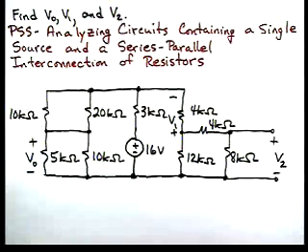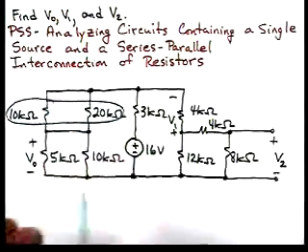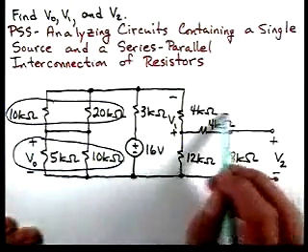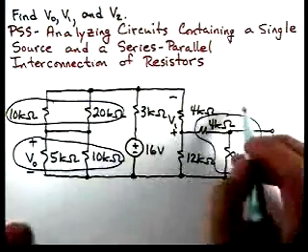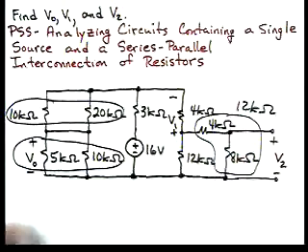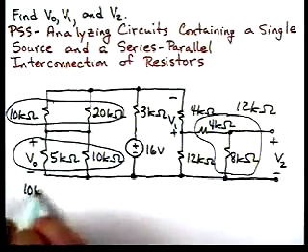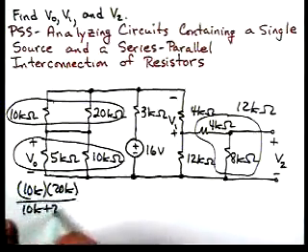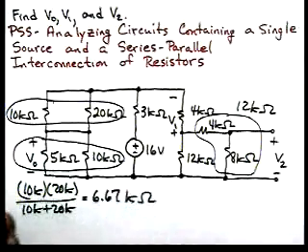So if we look, for instance, just to begin, here's a parallel combination, here's a parallel combination, and then really here's a series combination. Okay, so this is 12 kiloohms. The combination here, 10K times 20K over 10K plus 20K, is 6.67 kiloohms.